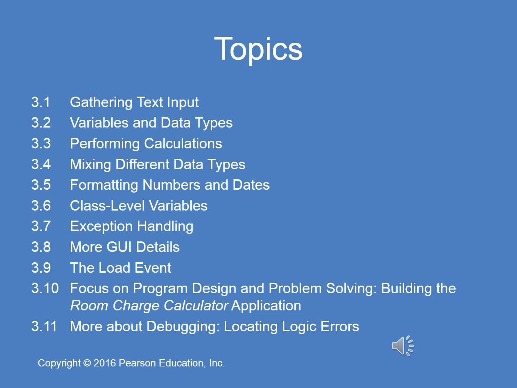We are going to mix different data types, and once again, we're going to drill down on each one of these topics, which is covered in a section in the textbook. And we'll finish with formatting numbers and dates. That's always challenging. And then next week, we'll begin with class level variables and the rest of the topics for Chapter 3.